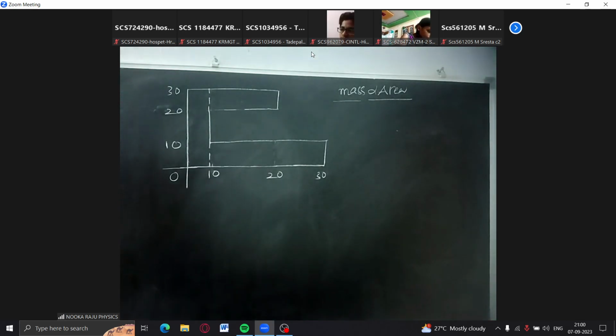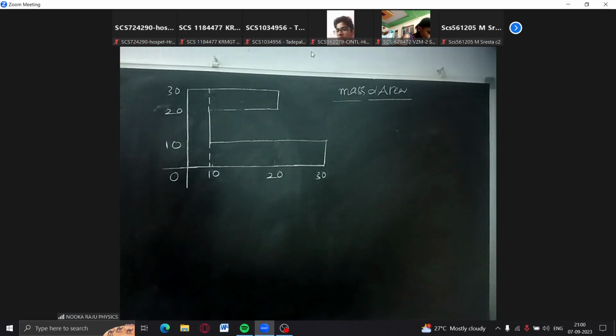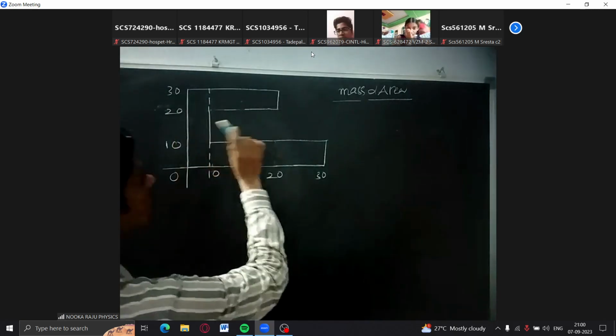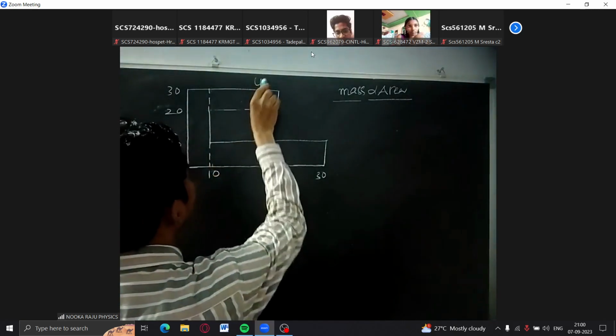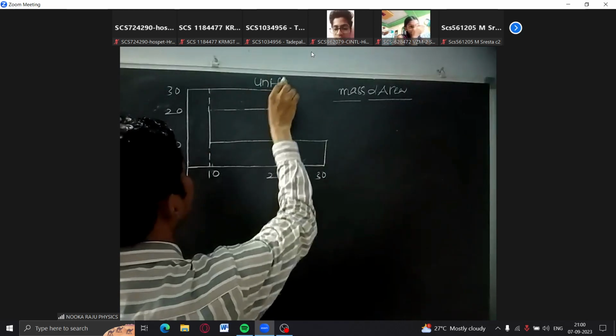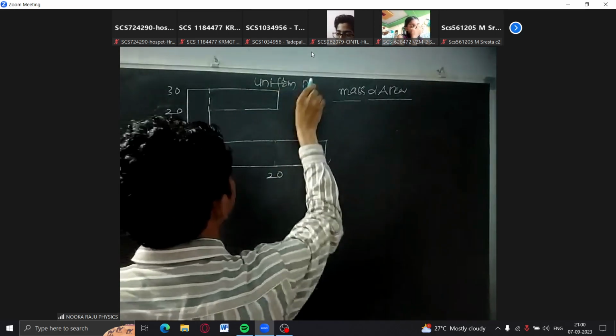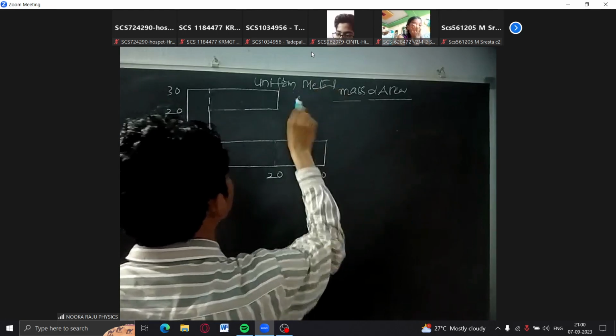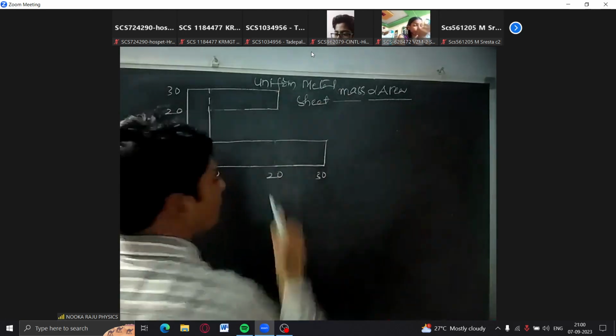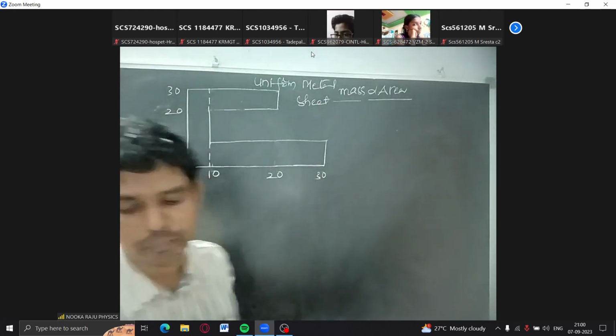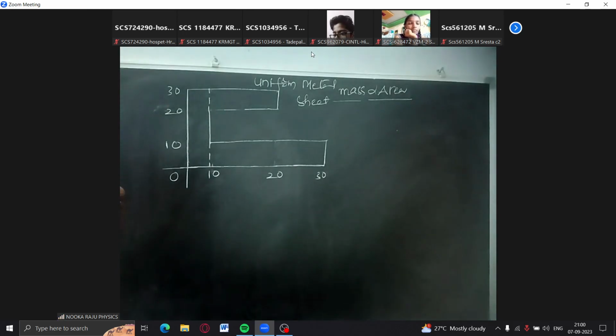Now I want to find the coordinates of the center of mass of the given system. Just consider this a uniform metal sheet. How can you calculate the center of mass of the uniform metal sheet?